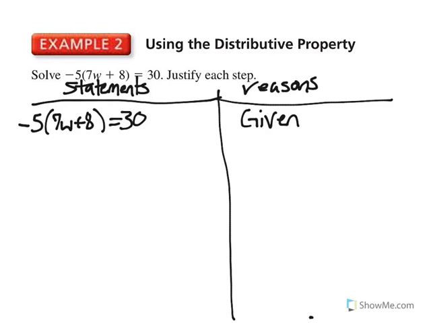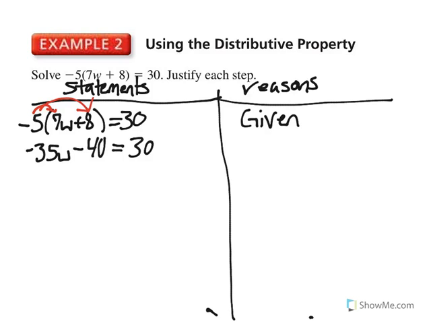And now I need to solve, and once again, I'm going to put my reasons on here. So my first step, I have this negative 5 outside of my parentheses, so I need to distribute this inside. So if I multiply negative 5 and 7, I get negative 35 W, negative 5 times 8, I get negative 40.